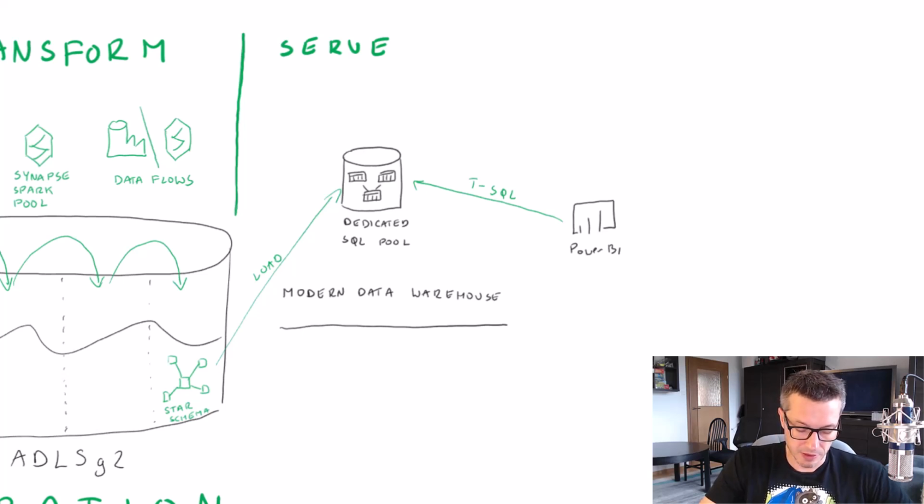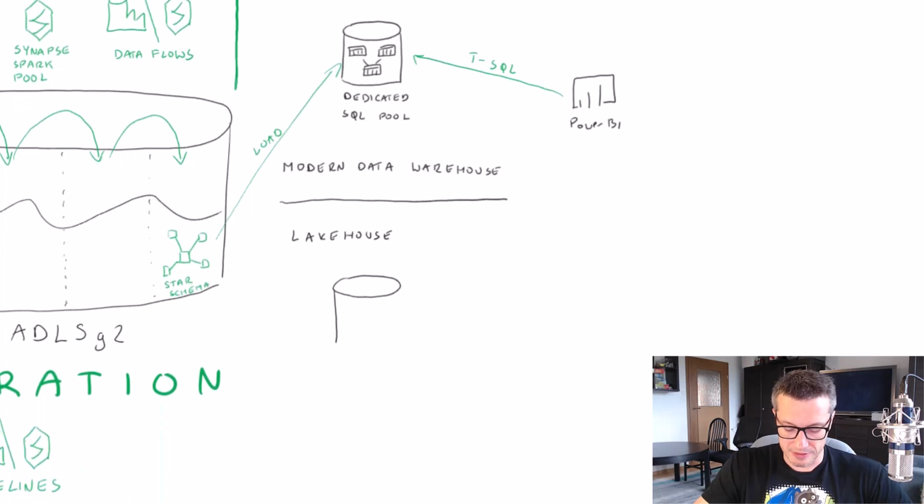So let me draw it. We've got lakehouse. And to make it work, we would use yet another flavor of SQL that is available inside Synapse, which is Serverless SQL Pool.